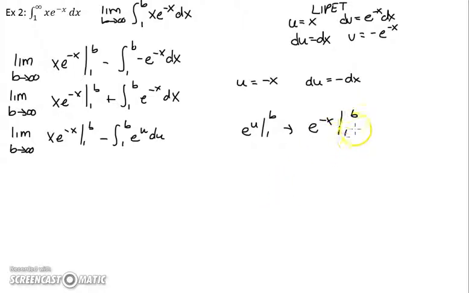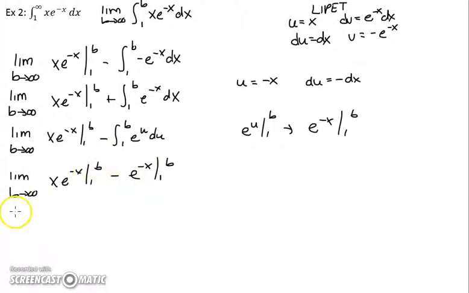That way we don't have to change our limits of integration. So our limit becomes the limit as b approaches infinity of x e to the negative x evaluated from 1 to b minus, because this is a minus sign again, e to the negative x evaluated from 1 to b.